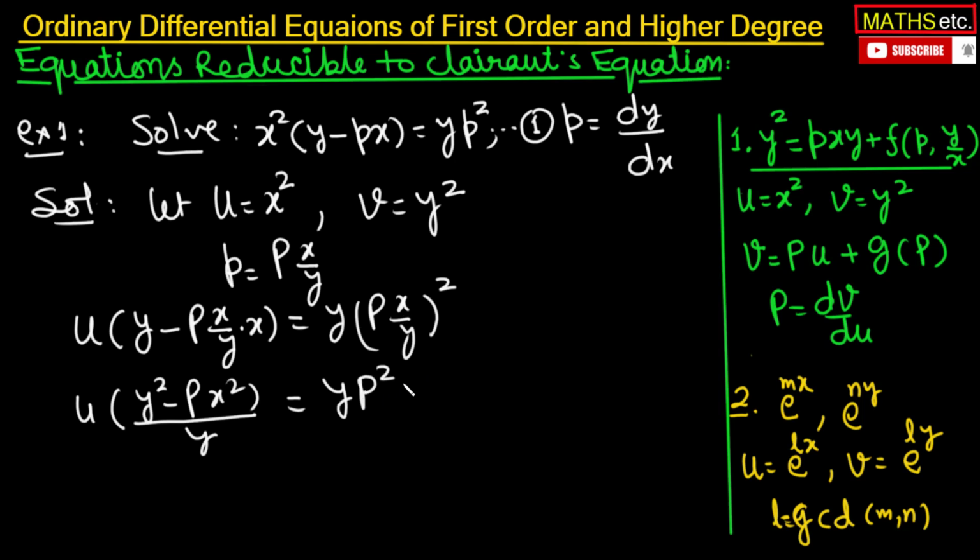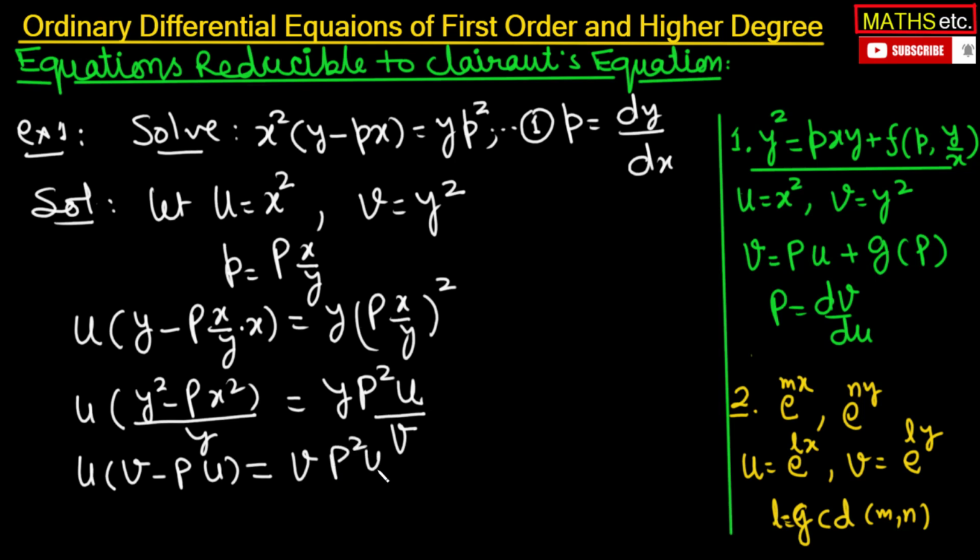x square we will write as u, y square we will write as v. We cross multiply using y, so this becomes u. y square is v, minus P x square is u. This one is equal to y multiplied by y, which becomes y square, and y square will be replaced by v.